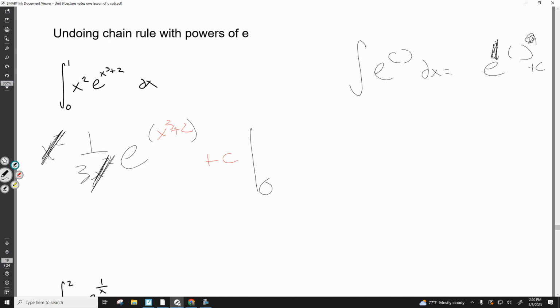You then realize you're trying to find an area from 0 to 1. You're using an antiderivative to find the area. You get 1/3 e cubed minus 1/3 e squared. Okay?